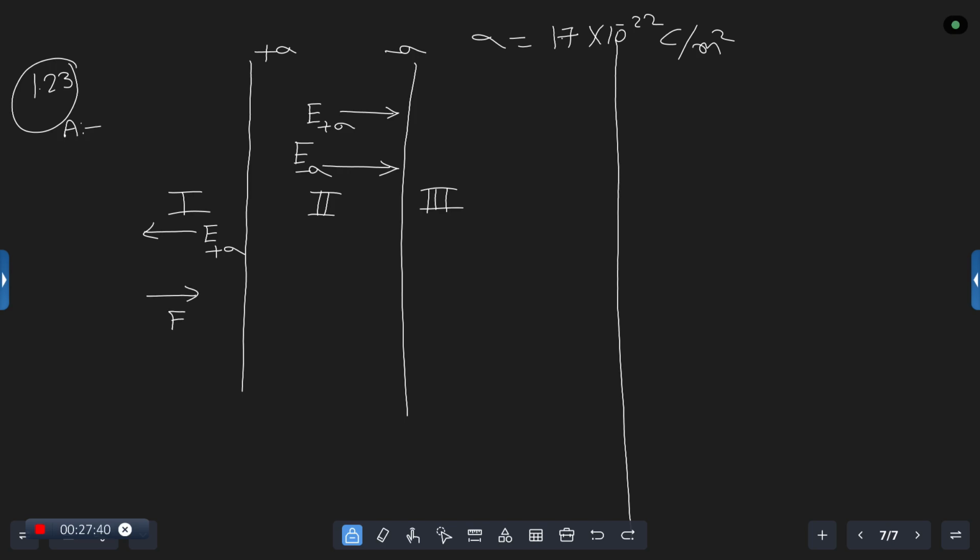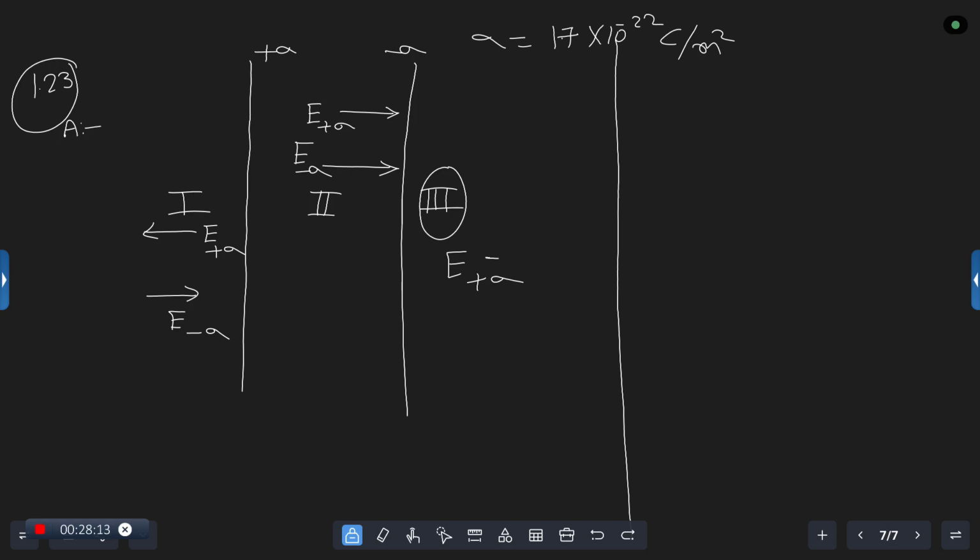So electric field will be E minus sigma. In the same way, in the third region, due to the plus sigma, away or not? Away from the plate. So E plus sigma away from the plate. Due to this minus sigma, towards the minus sigma or not?